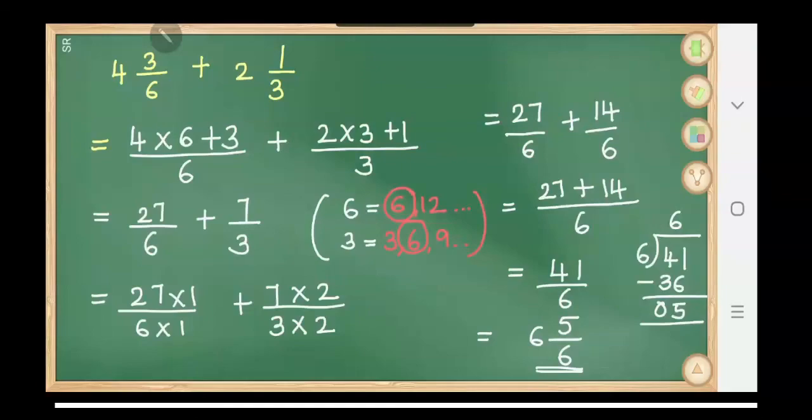You can also cross multiply if you wish to do so. That is another method which you can use in this particular step. So try to solve more sums and practice more to be thorough with this particular type of sums.